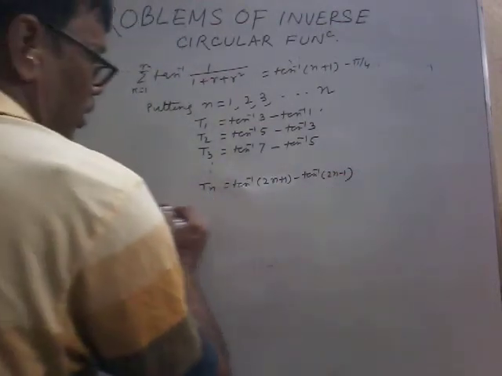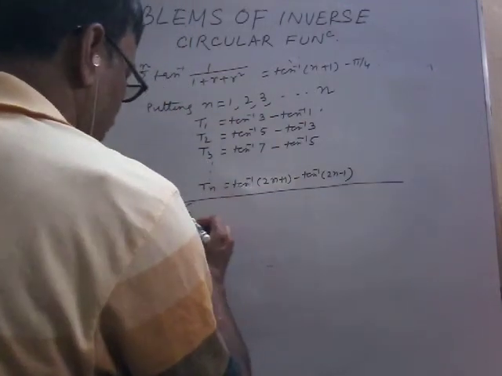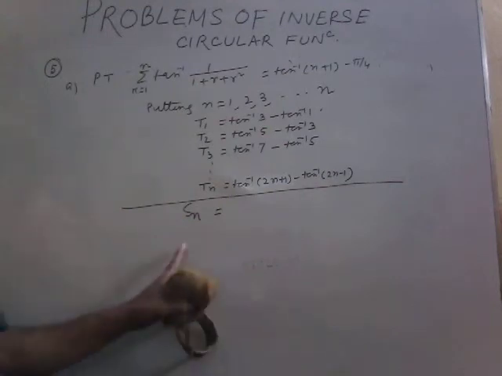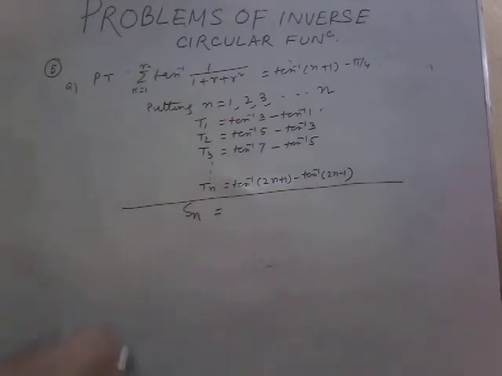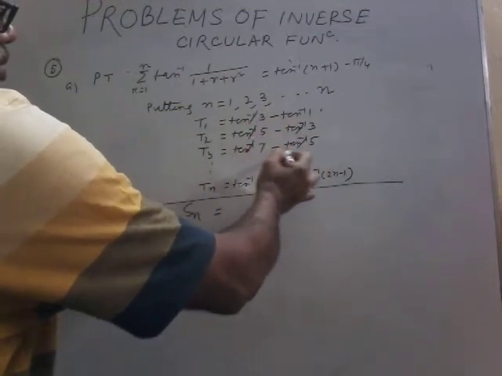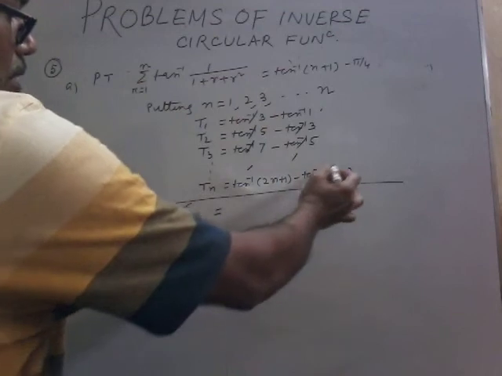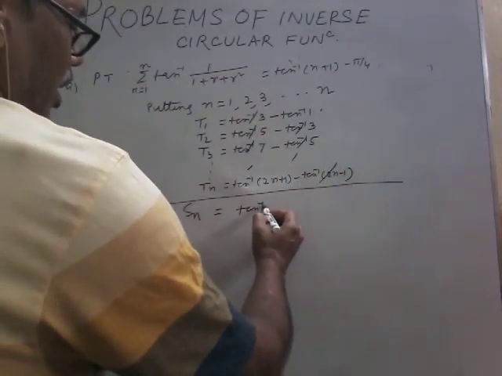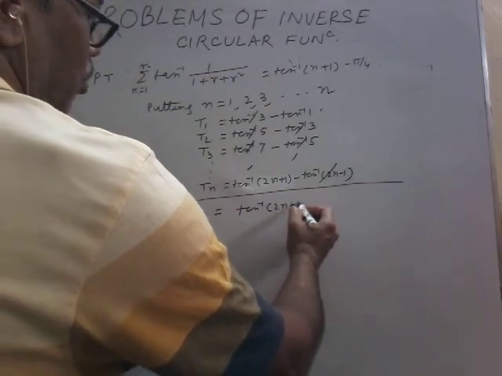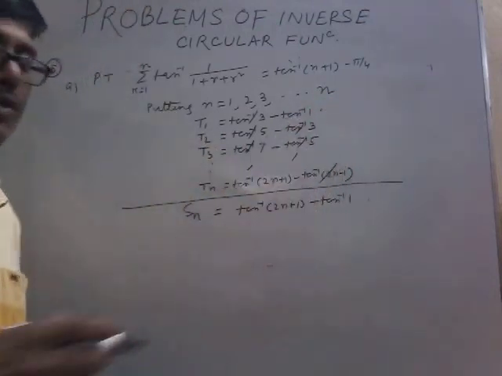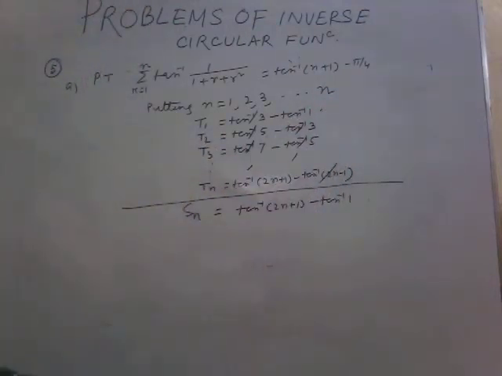Now we are finding first the sum up to n terms, Sn, T1, T2, up to Tn. This is Sn. So look, these diagonal terms will be cancelled out, so we are getting only two terms. So tan inverse 2n plus 1 minus tan inverse 1. This is Sn.